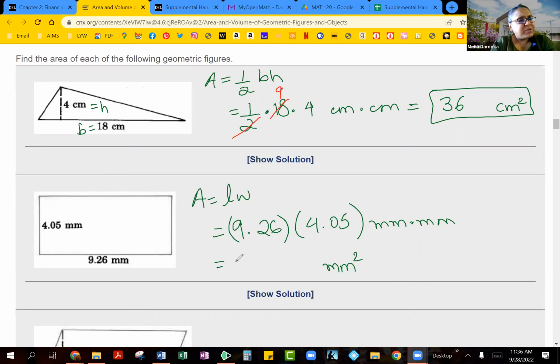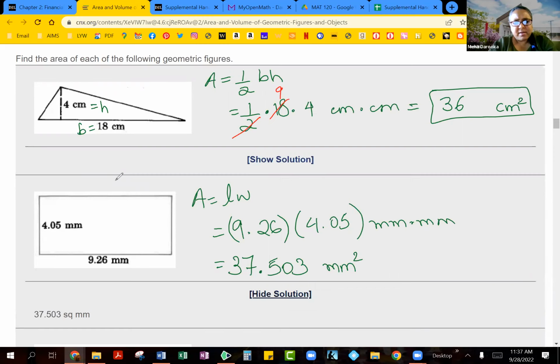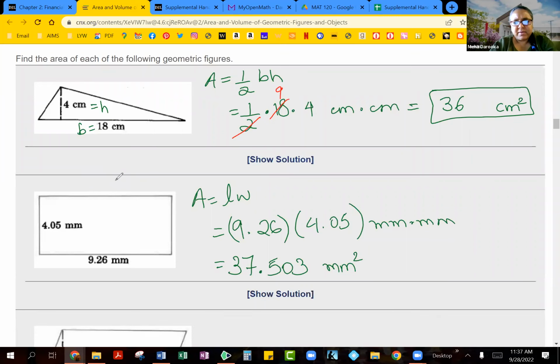That should come out to be, as you guys have shared with me, 37.503. And of course, remember that's going to be squared millimeters for the unit of measurement. And again, you can verify that answer very quickly from here.